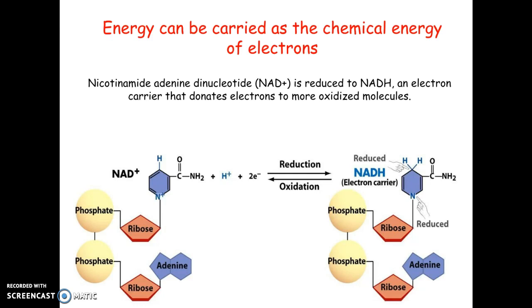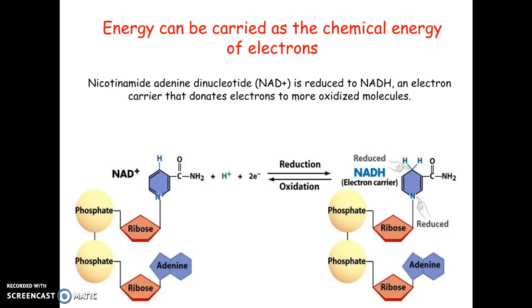It has everything to do with the structure of the nicotinamide, which allows for a redistribution of electrons. So when NAD is reduced to NADH, it can take on these two electrons and redistribute them across many bonds in the nicotinamide.